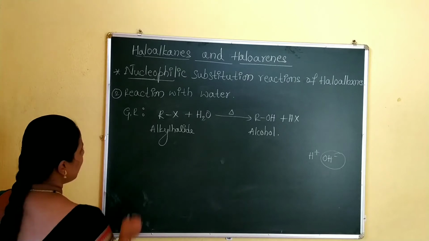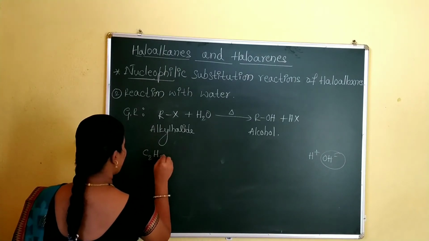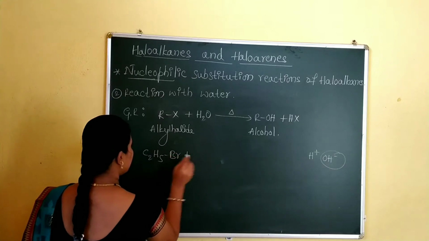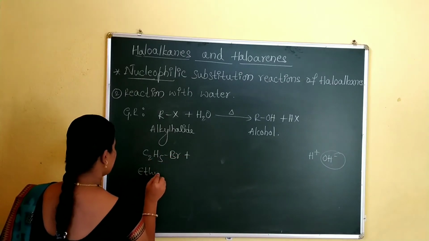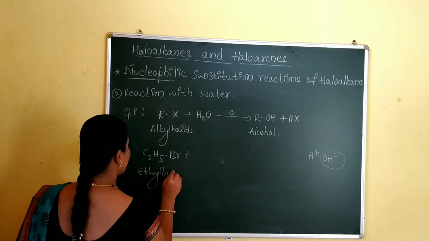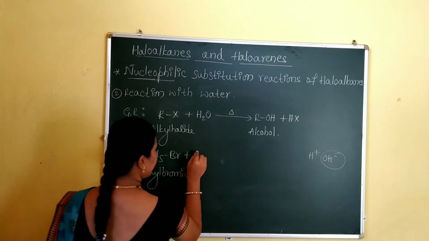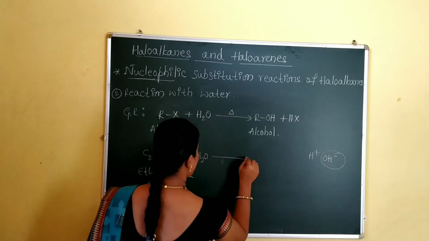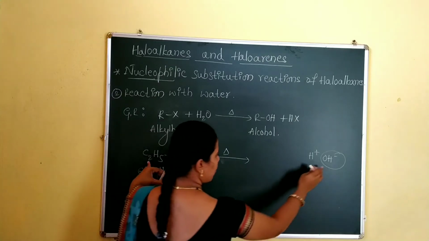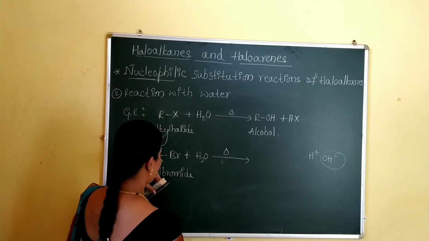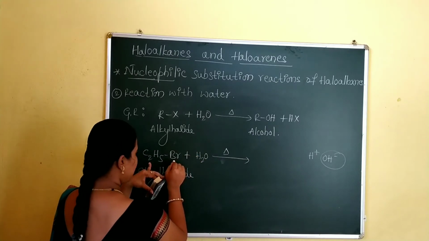And next, I will take one example here. C2H5Br. This is ethyl bromide. When it is heated with water, H2O contains OH minus nucleophile, which substitutes for the Br.